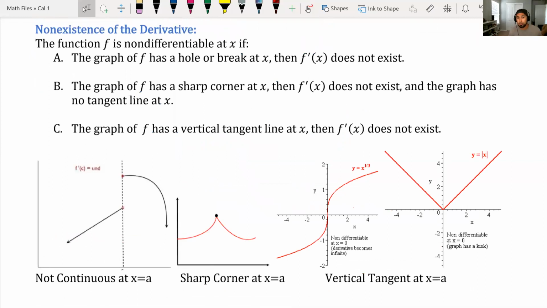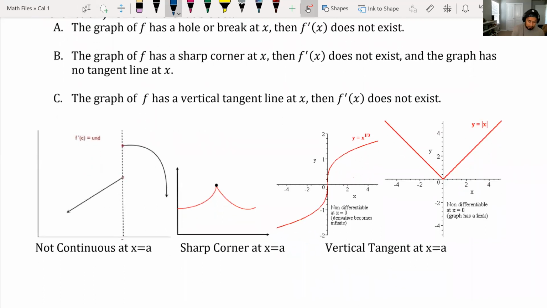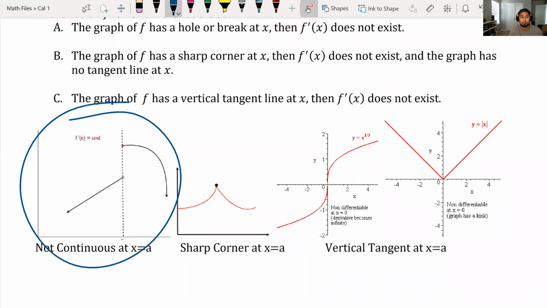So the non-existence of a derivative. A function is non-differentiable if A, the graph of f has a hole or break in it, then the derivative does not exist. That means picture 1, right? Has a hole and a break. B, the graph of f has a sharp corner at x, then the derivative does not exist, and the graph has no tangent line at x. All right, so sharp corner, right?